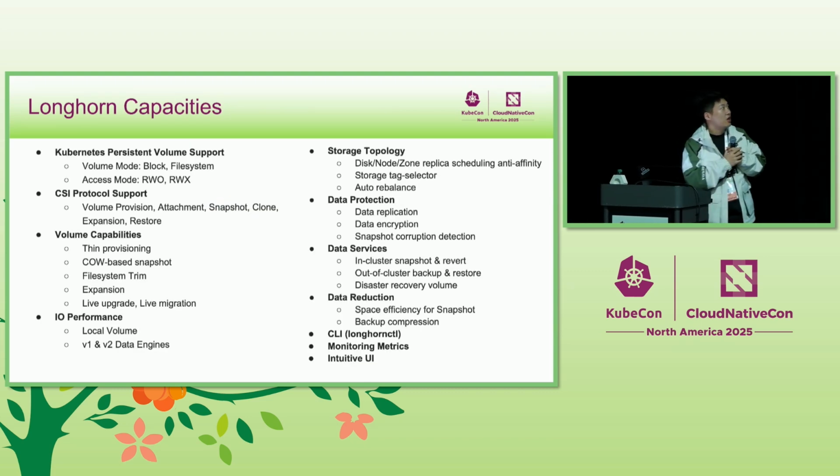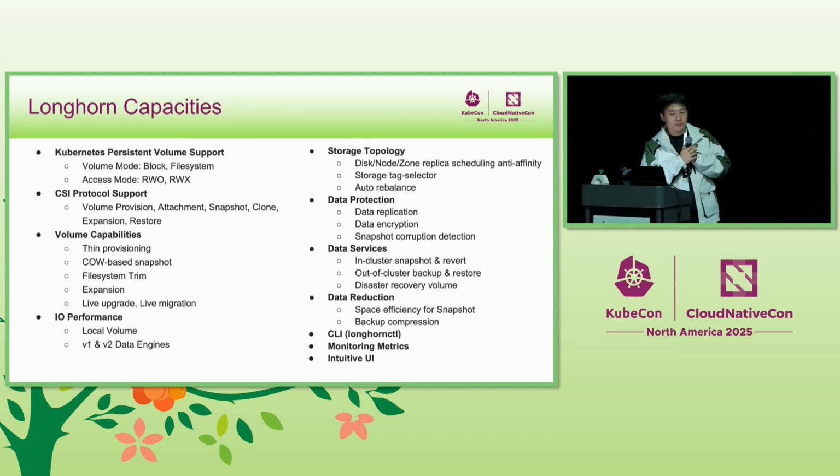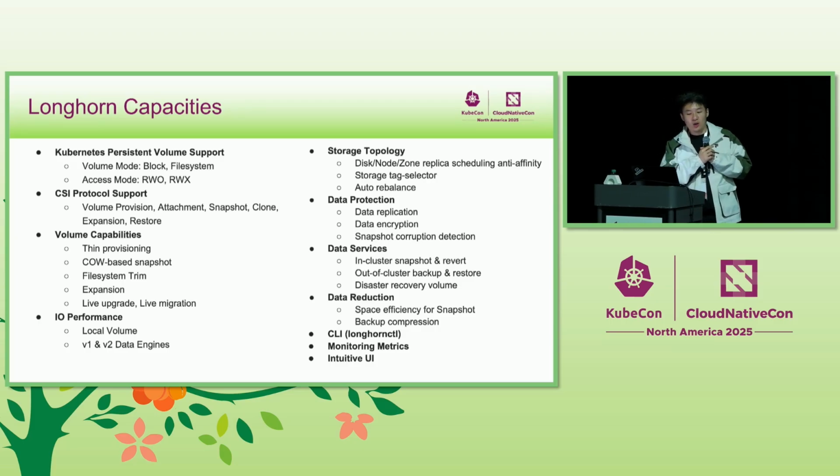And with this architecture, Longhorn achieved a bunch of capabilities. We have full support for Kubernetes along with CSI protocols. We have a lot of storage topologies that fit your cluster's scenario or current state.